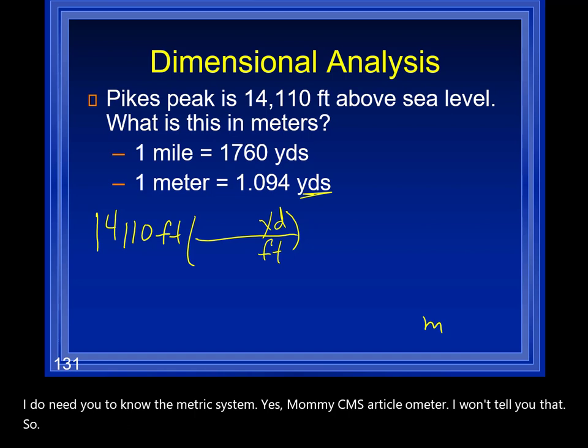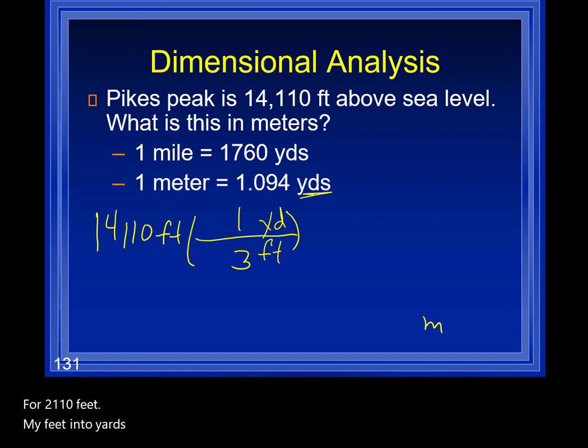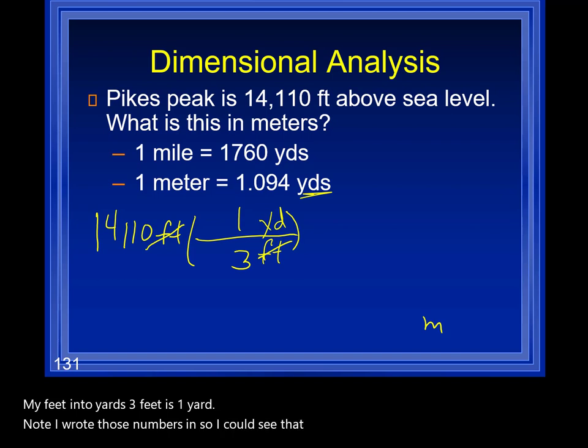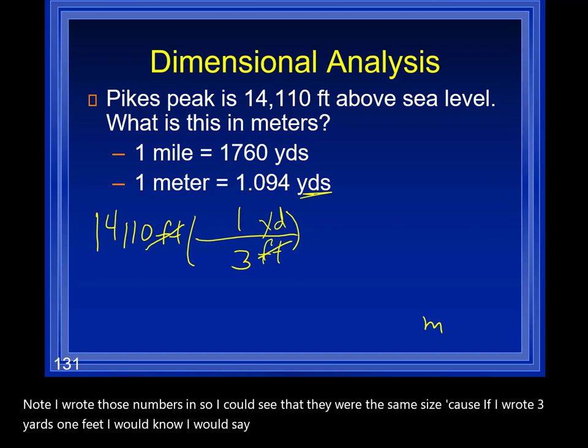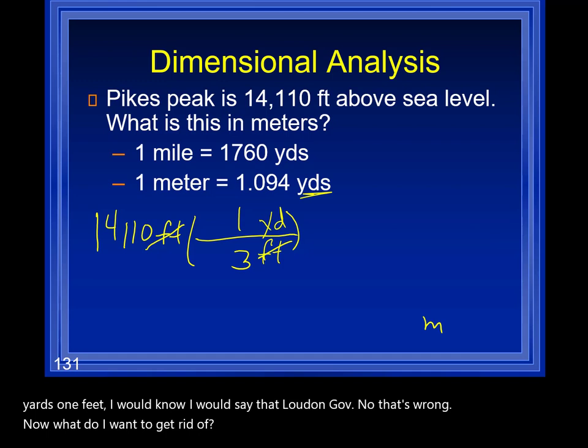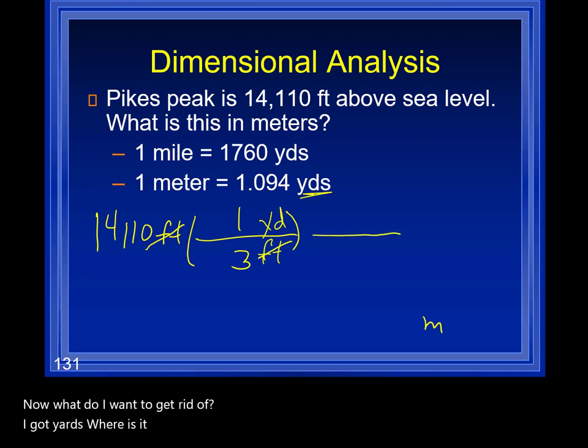Okay, so 14,110 feet. Feet into yards. 3 feet is 1 yard. Notice how I wrote those numbers in so I could see that they were the same size. Because if I wrote 3 yards as 1 foot, I would say that out loud, and I'd go, "No, that's wrong." Now, what unit do I want to get rid of? Well, I got yards. Where's it got to go? Well, to get rid of it, it's got to go on the bottom.